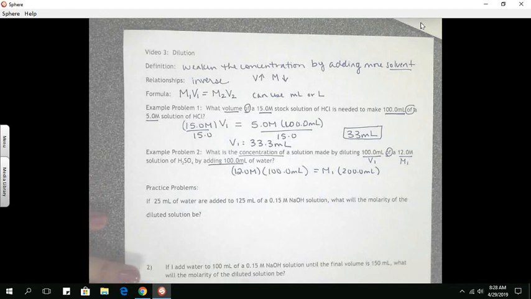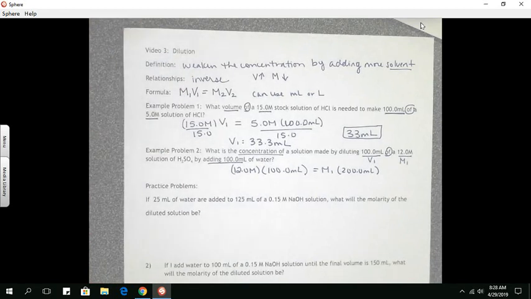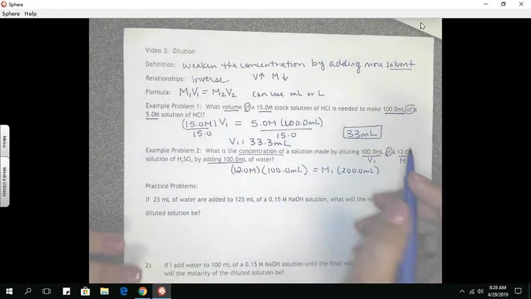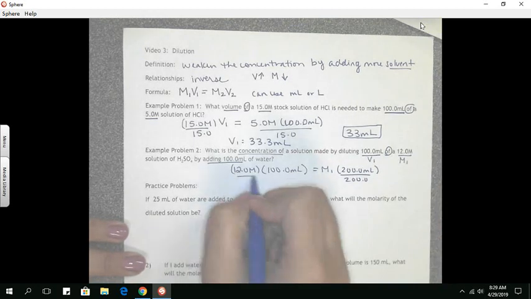Since we've doubled our volume and we know it's an inverse relationship, we should expect that our concentration is going to go down. And since the volume doubled, it should go down by 2 as well, so it would be halved. So when we divide to solve, we're going to divide by 200 on both sides.